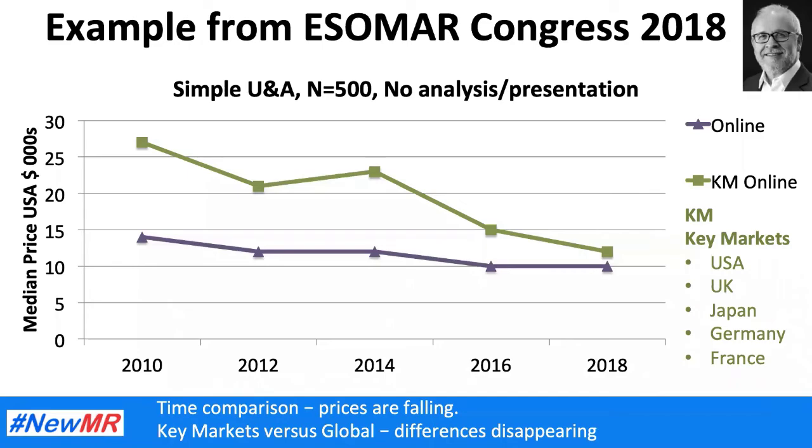But if we look at the key markets, which is just USA, UK, Japan, Germany, and France, we can see that prices have fallen much further, and there is now almost no difference between buying this commoditized piece of research from an expensive country or buying it from a less expensive country. That is quite a radical difference. So prices are falling and the differences are disappearing. And we tell that with some really straightforward comparisons. First comparison is time. The second comparison is the key markets versus the global markets.